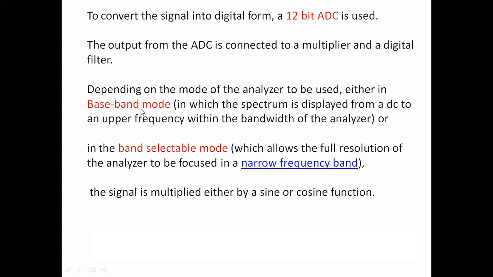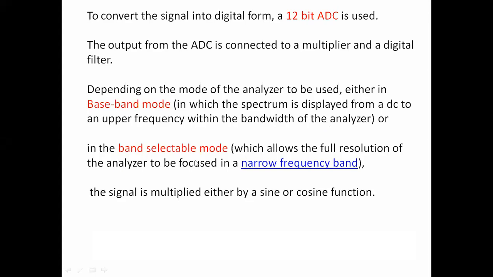So we can get the output in the form of a spectrum, and that spectrum corresponds to DC to the upper frequency. So from DC or lower values of frequency to the very high values of frequency of that analyzer bandwidth.